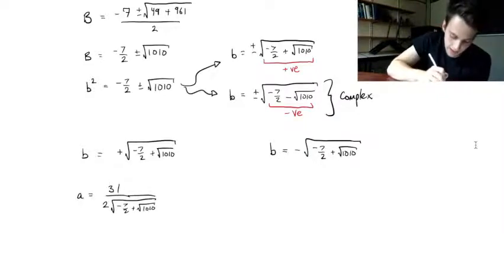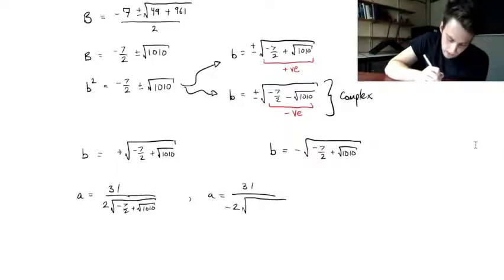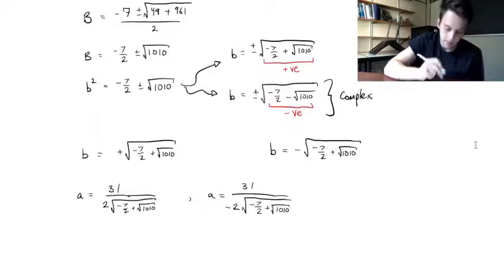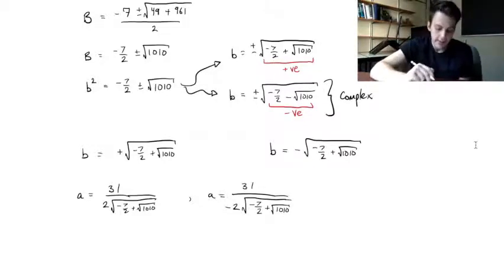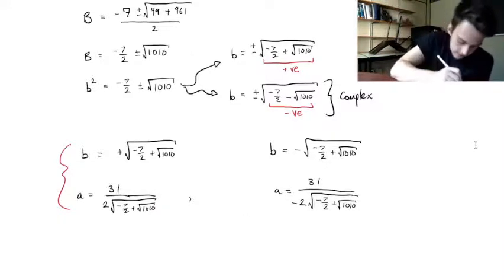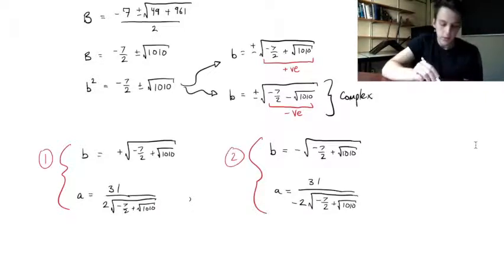And a would be equal to 31 over negative 2 times the square root of negative 7 over 2 plus 10,010. Beautiful. So we've got these two sets of solutions. Let's call this solutions 1, and this is solutions 2.